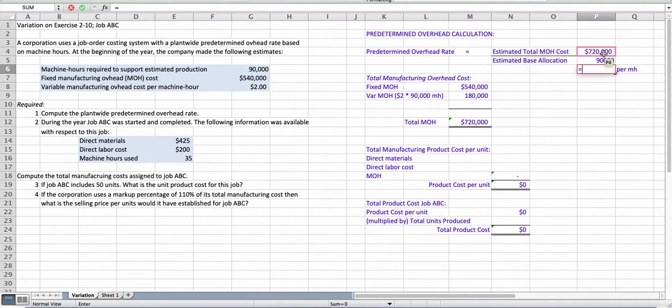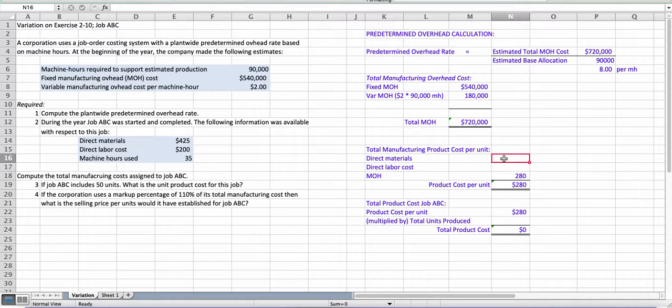So if we take 720,000 divided by our 90,000 machine hours, the answer is $8 per machine hour. So you'll see that some of my cells have already calculated. It's because I did the problem before I'm taping it.